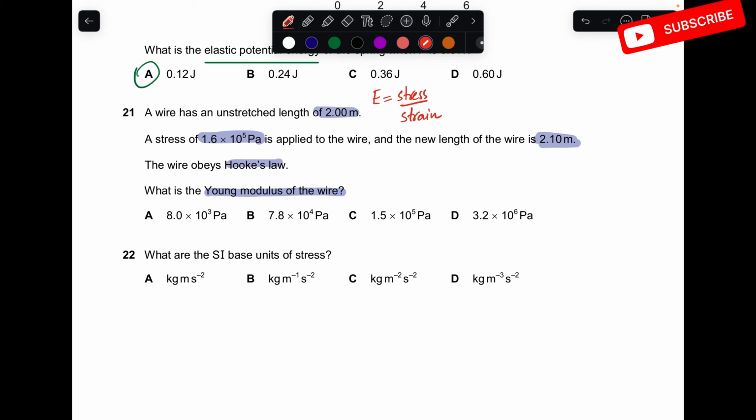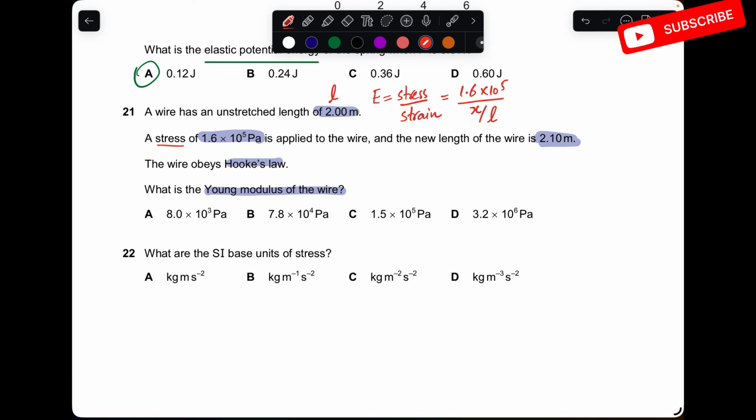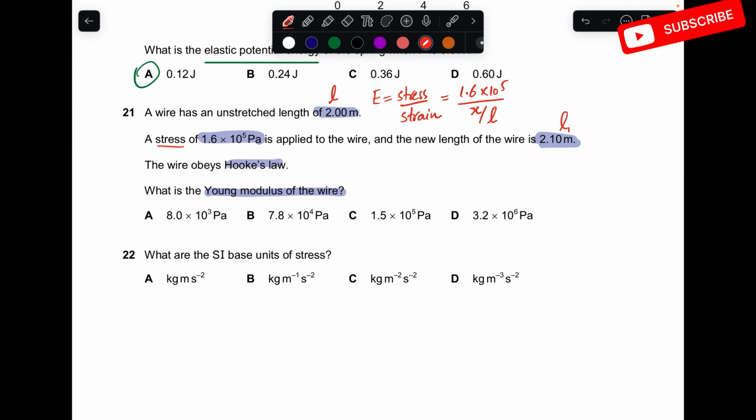Stress is given here, 1.6 times 10 raised to the power 5. The strain is basically change in length divided by original length. This was the original length, and let's call this the final length.